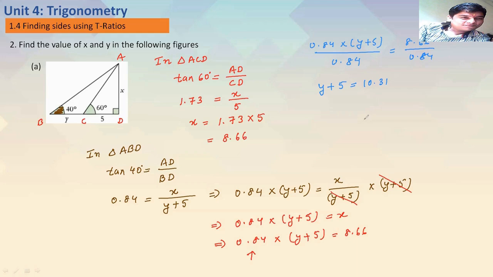Yep, you are correct. Okay, so to find Y, we need to subtract 5 from 10.31. Yes, absolutely. 10.31 minus 5. That's going to be 5.31. There you go.